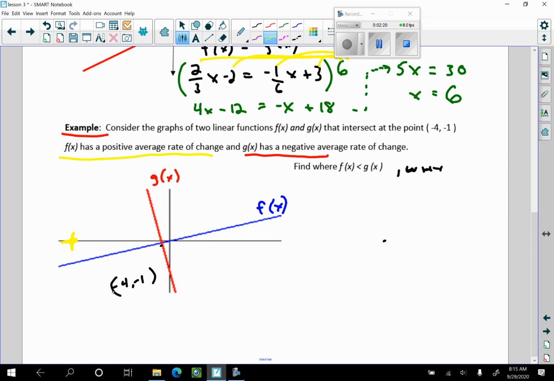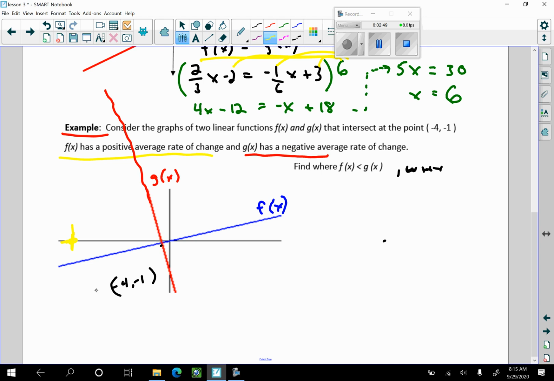Yes, it is, because if I continue this g of x, and this is what's hard for a lot of students to think about, if I continue this g of x infinitely, because the domain of a linear function is all real, it's just going to keep going up and up and up, and eventually this yellow mark here will come up to the red, and f of x is below g of x right there.